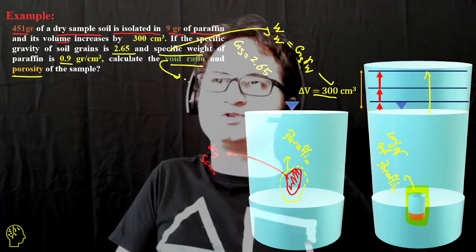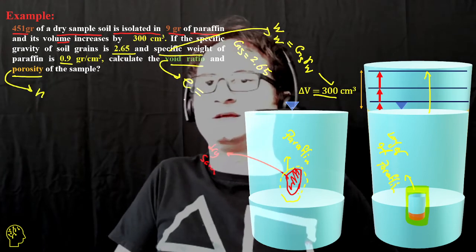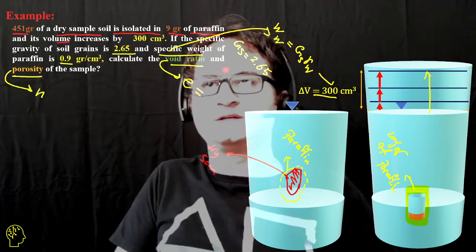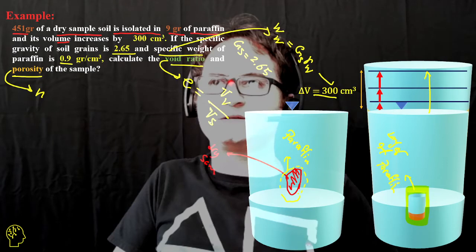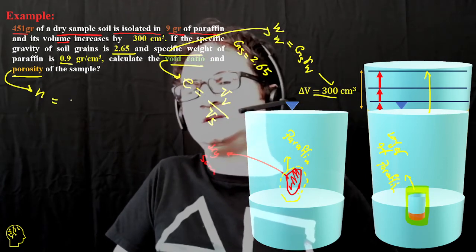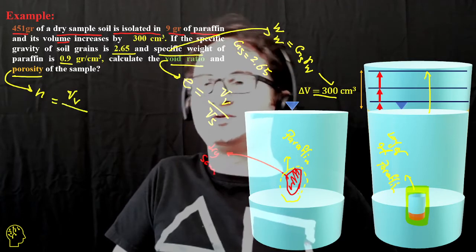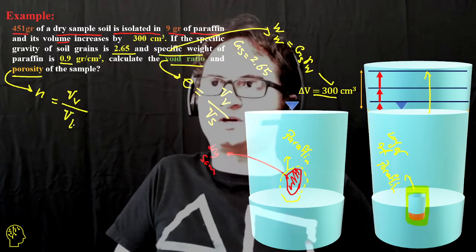So void ratio is e and porosity is n. The void ratio e in a soil sample is the volume of void to the volume of soil itself, and porosity by definition is the volume of void to the total volume.